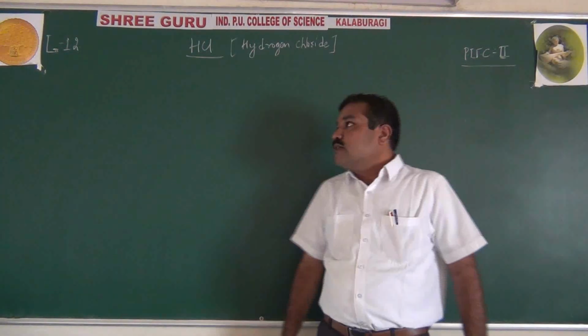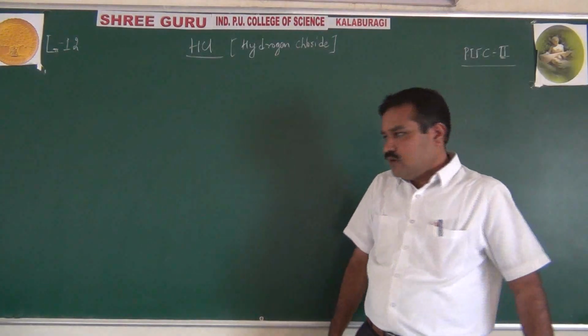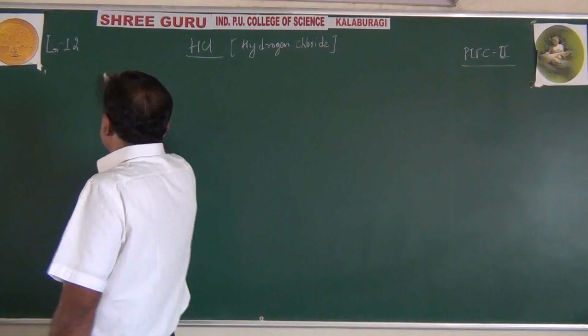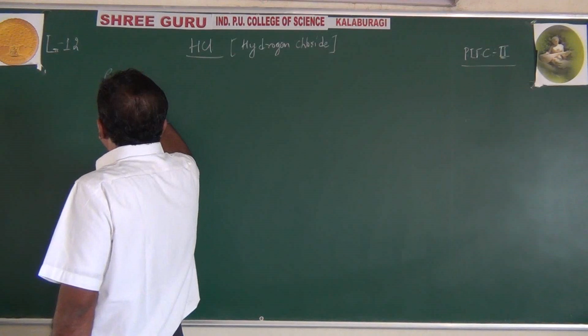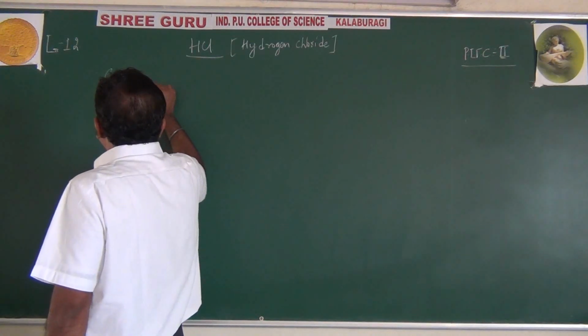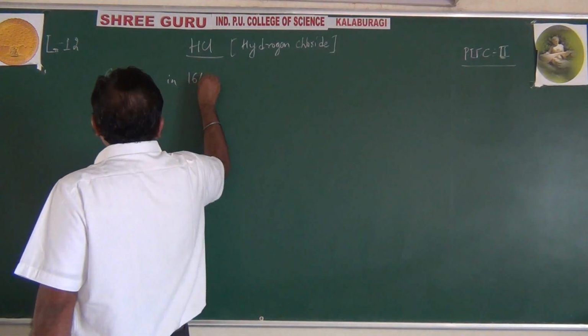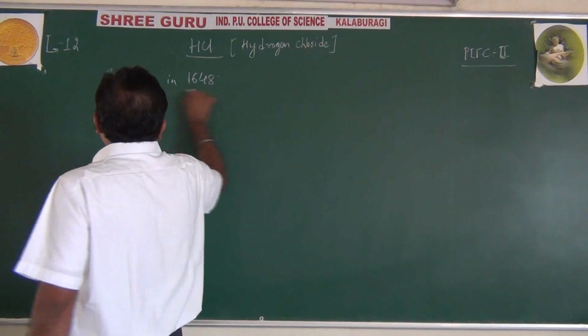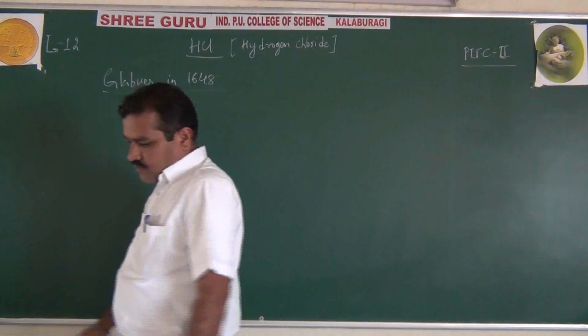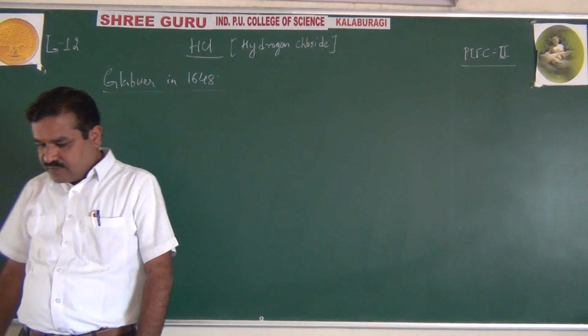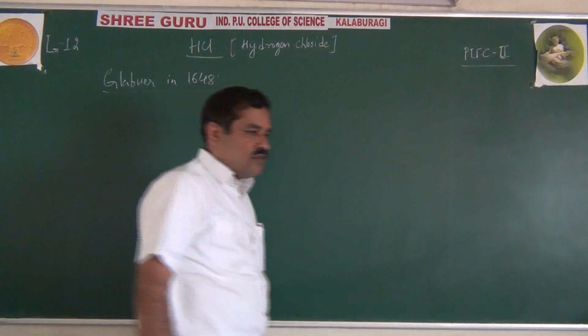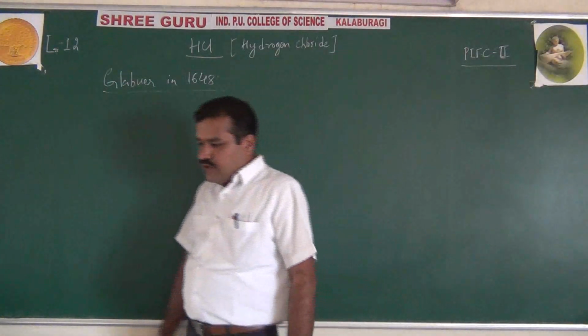This hydrogen chloride was actually prepared by the scientist Glauber in the year 1648. Glauber prepared this by treating sodium chloride, common salt, with concentrated sulfuric acid.